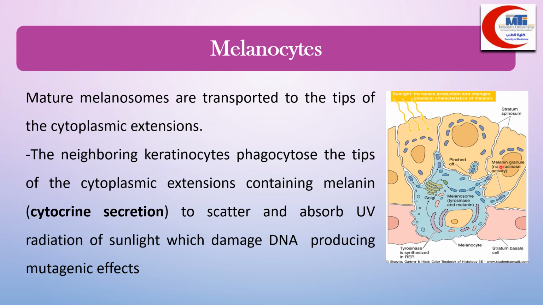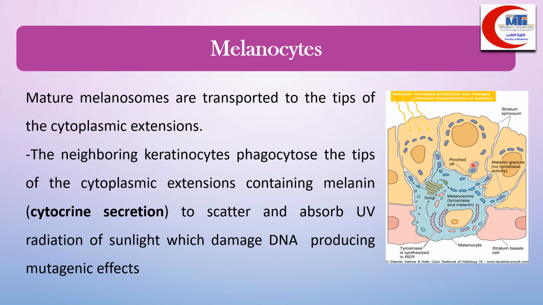The only cells that can produce and synthesize the melanin granules are melanocytes, as they contain tyrosinase enzyme, which converts tyrosine to DOPA, then melanin, which become membrane bounded into vesicles called melanosomes, and mature melanosomes are transported to the tips of the cytoplasmic extensions, and then keratinocytes phagocytose these tips containing the melanin.